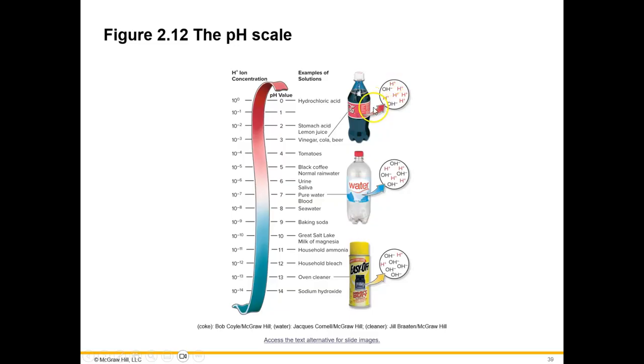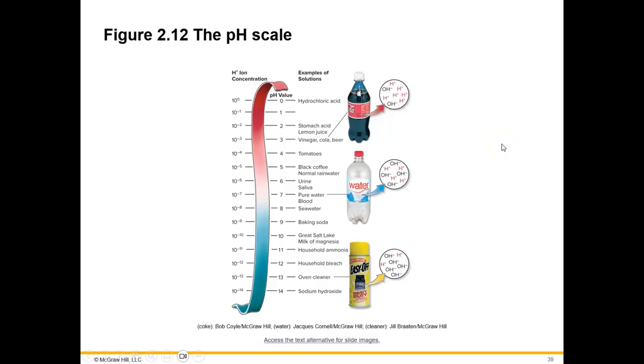So here you can see this cola, which has a pH of 3, has a much higher concentration of these hydrogen ions than this oven cleaner, which has a pH of 13. You can see there are only 2 hydrogen ions here, and there are 6 hydrogen ions here.